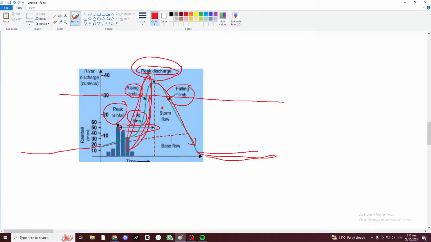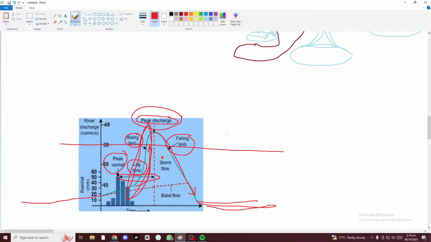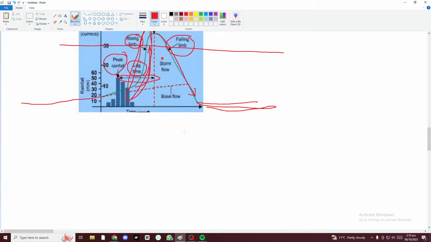After a few hours, overland flow reduces and stops. Through flow then contributes to discharge and stops floodwaters from going down as quickly as they rose. Later, base flow takes over and the river goes back to pre-flood level. So what I just explained there was basically how a storm hydrograph occurs.